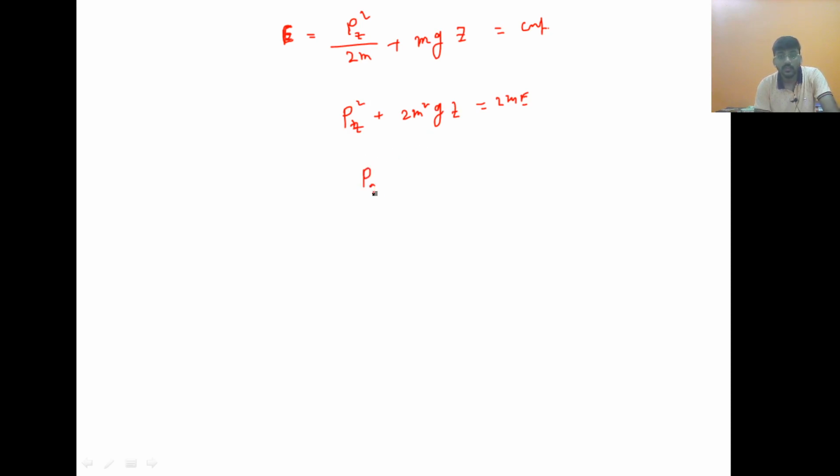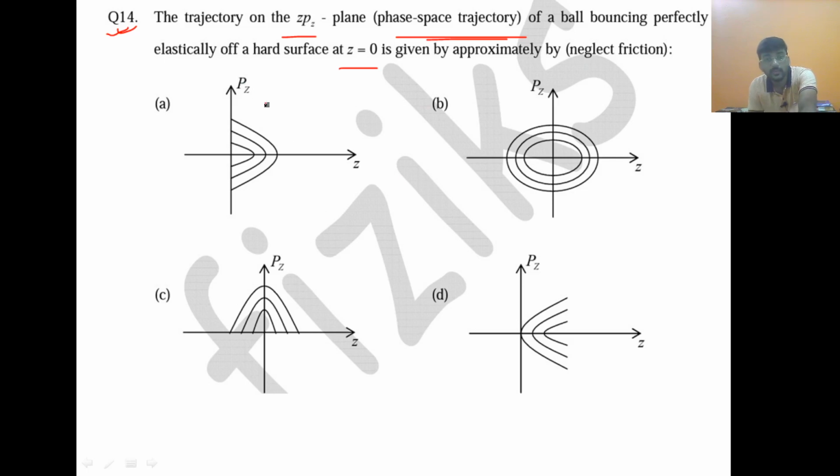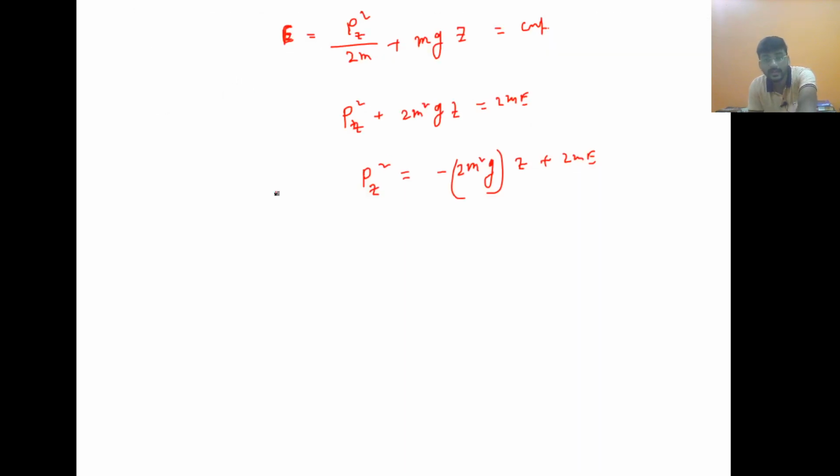So pz square will be minus 2m square g into z plus 2mE. Okay, so if we compare, you can take this pz as y axis and z as x axis. Generally we have taken this as x axis and this as y axis.